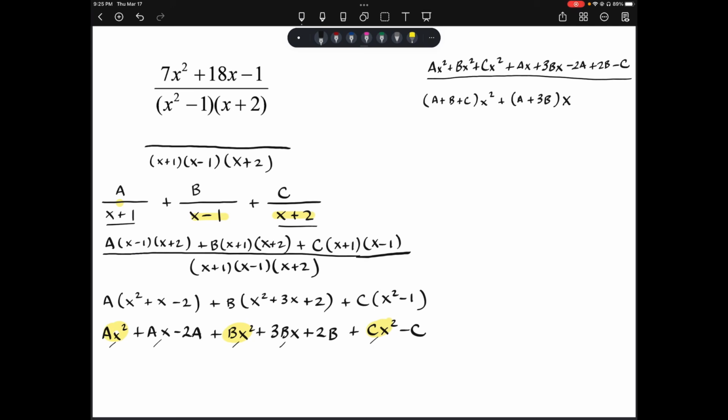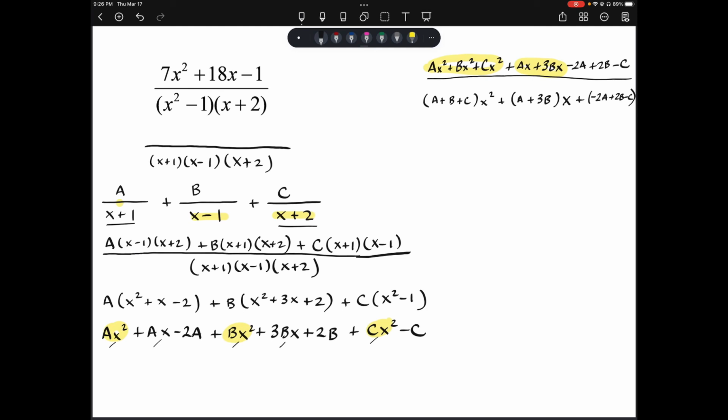Hopefully you guys are seeing where that's all coming from, right? This is kind of like our second group here that has the x's in it. And our third group, really, we're just going to keep it all together. I'm going to say plus, and this would just be negative 2a plus 2b minus c.